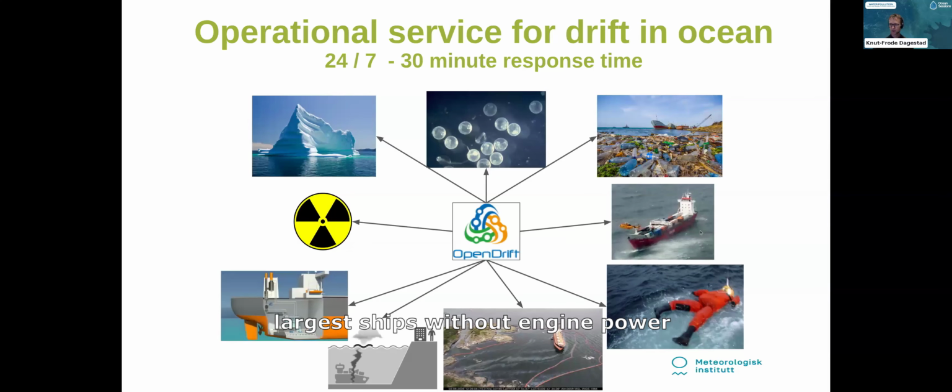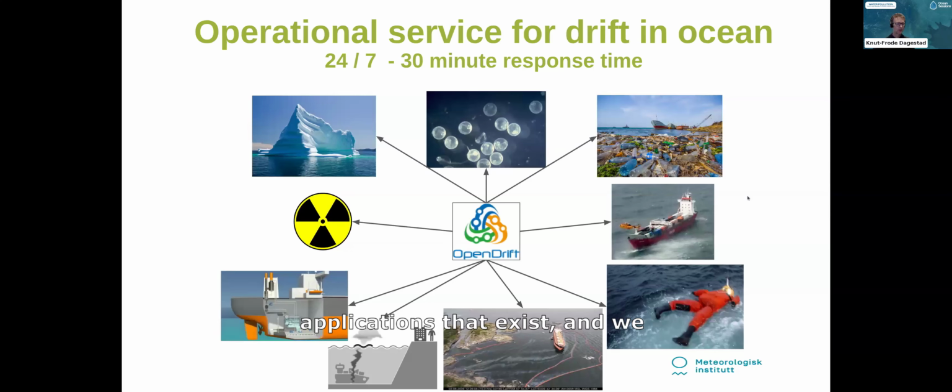Also larger ships without engine power can be drifting, and you want to model how they drift to help the rescue operations. Plastic pollution is also a well-known topic, for example objects, but also microplastics, smaller particles. But there are also applications like fish eggs or marine larvae, or icebergs, or atomic pollution, or pollution from ships.